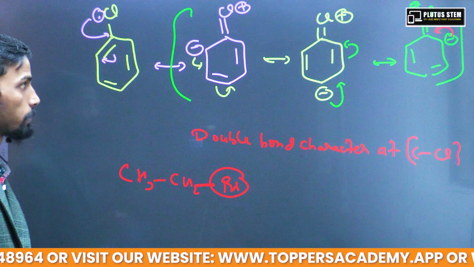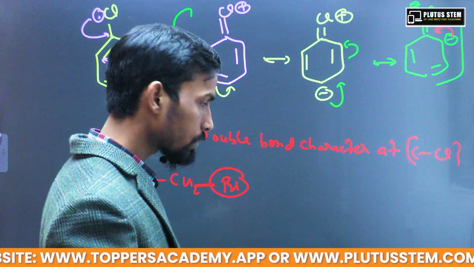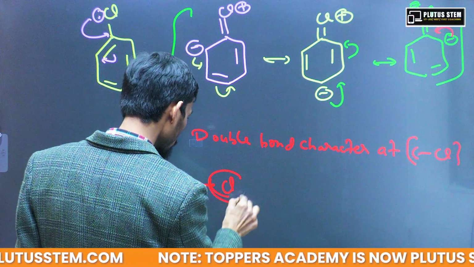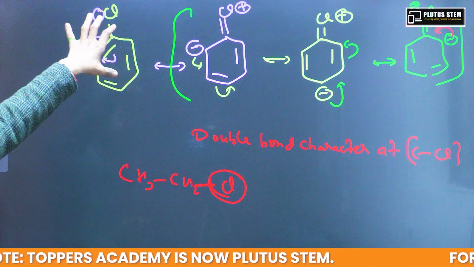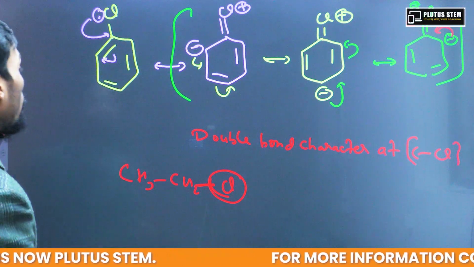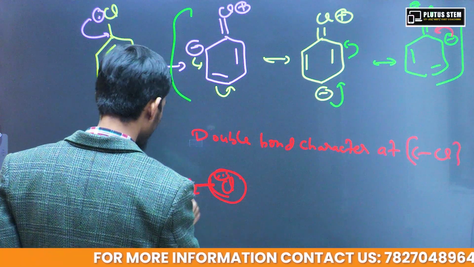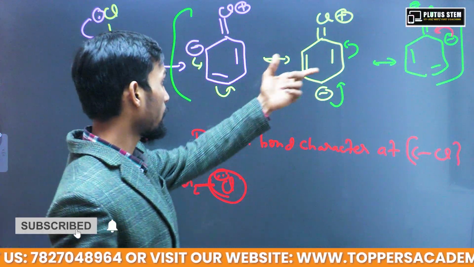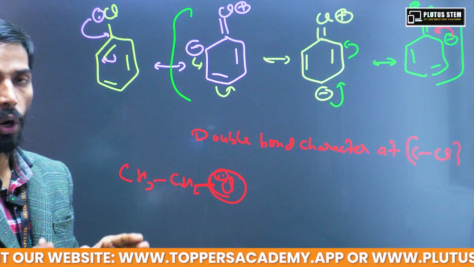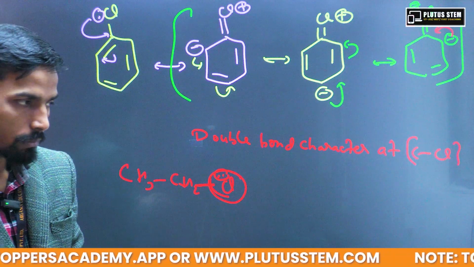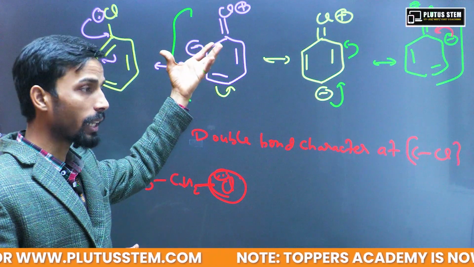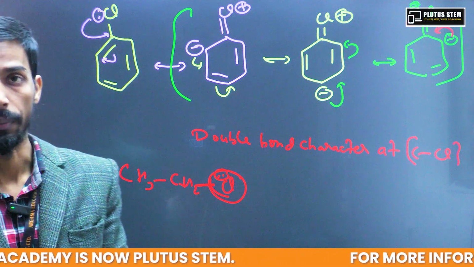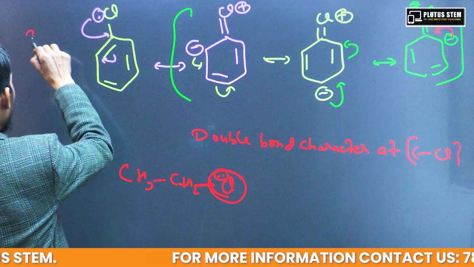Because above we have taken Cl, in the blue side also we are taking Cl. In this case, there are no resonance possibilities, so it is a single bonded attachment. But here we have a double bond character, and we know a double bond is more stable than a single bond. That's why this bond is not that easy to break as compared with alkyl halide. So this was the second reason.